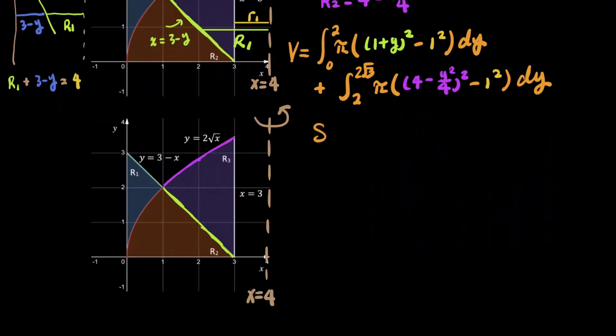For shell method. And we're doing it by rotating around the axis that's parallel to the y-axis. For shell method, we're doing it with respect to x.